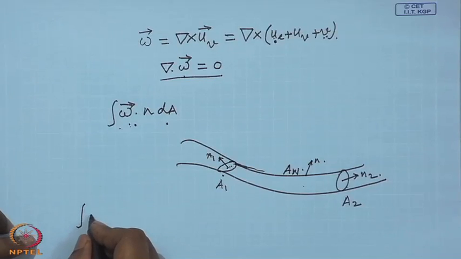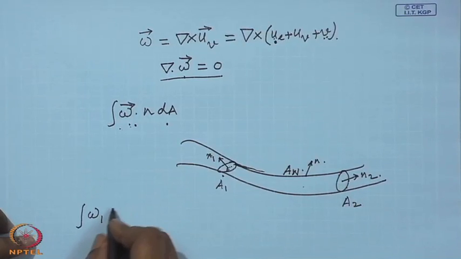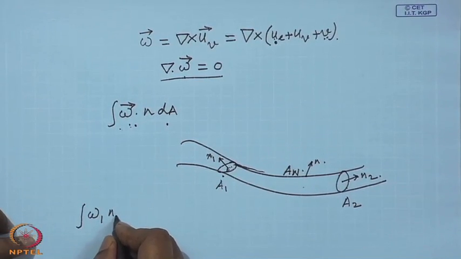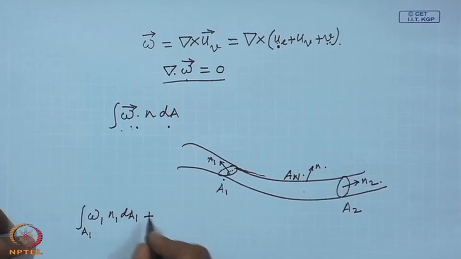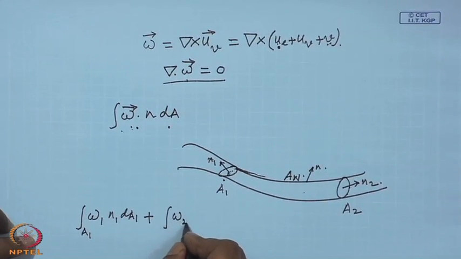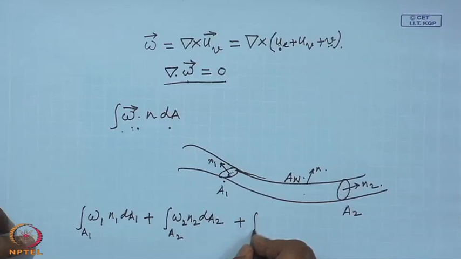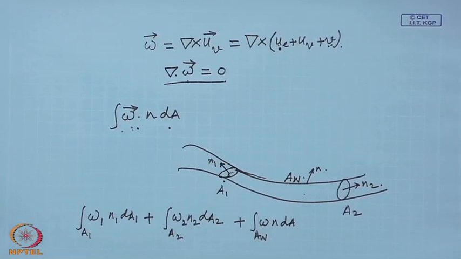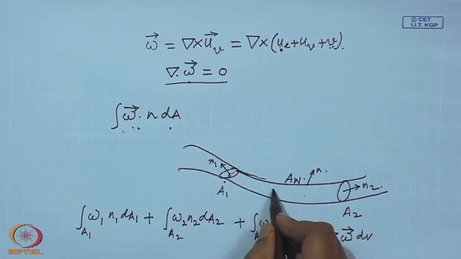The total surface integral is omega 1, taking the value here, and omega 2 here, dot N 1 d A 1 integrated over the area A 1 plus the other terms. This, by application of the divergence theorem, is the integral of the divergence of omega d v, where this entire volume is V.